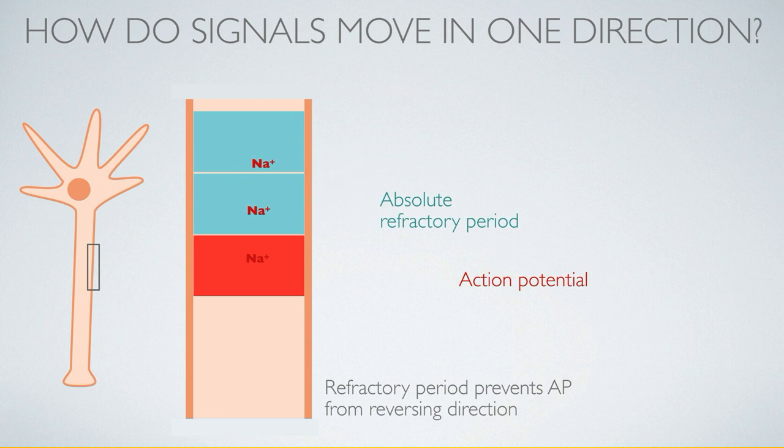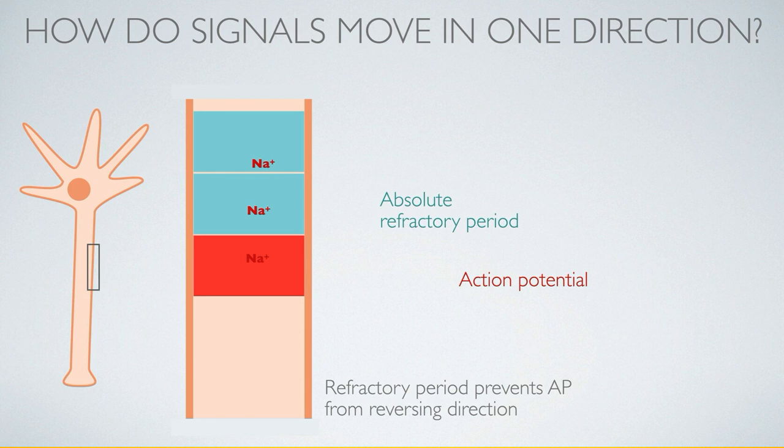So here's a question. What this illustrates is how you get unidirectional action potentials. It's because of the absolute and relative refractory periods that you cannot reactivate the membrane, and as a consequence, you only get action potentials going in one direction.